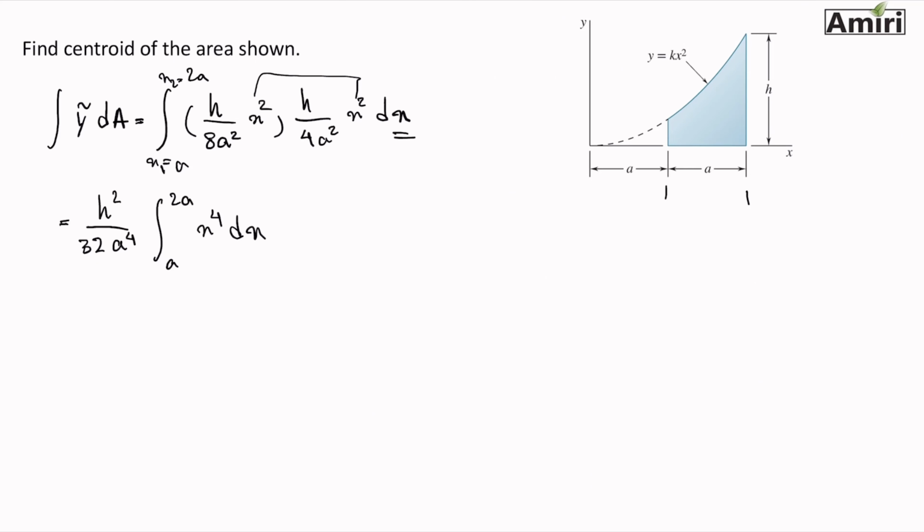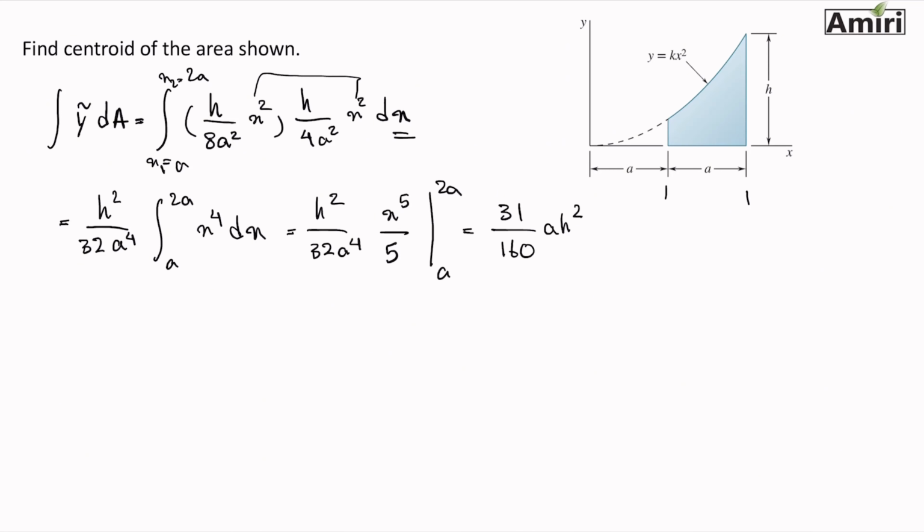All right, very manageable. So h squared over 32a to the fourth, x to the fifth over 5 going from a to 2a. If you plug a and 2a in here, you should get 31 over 160 a h squared.